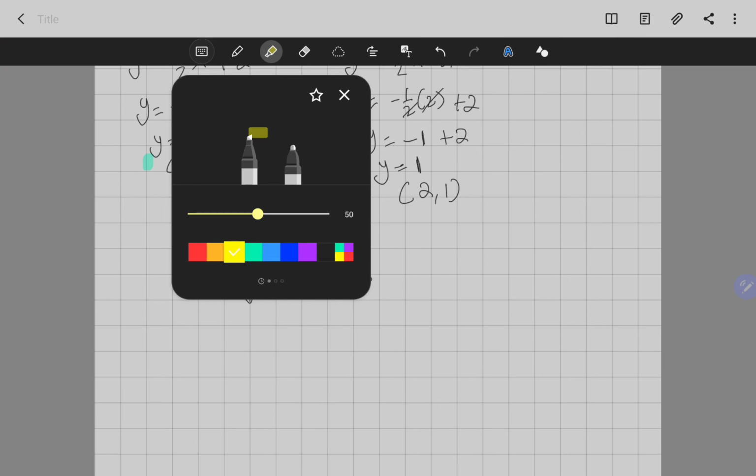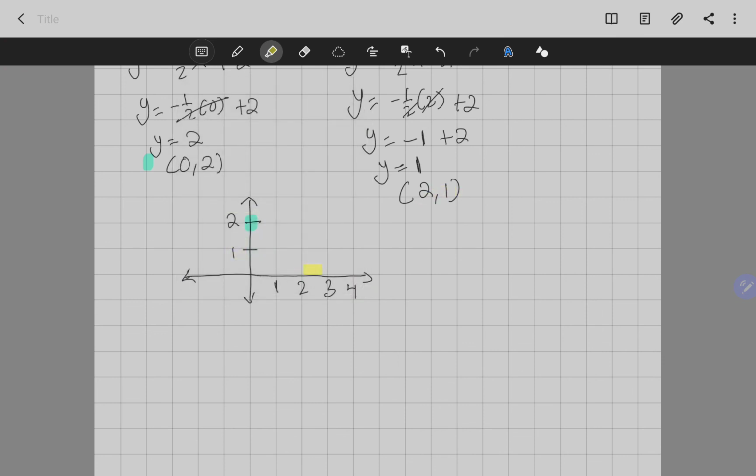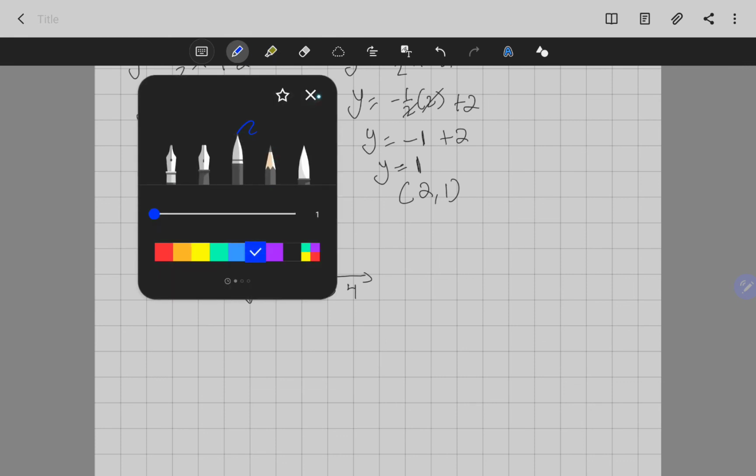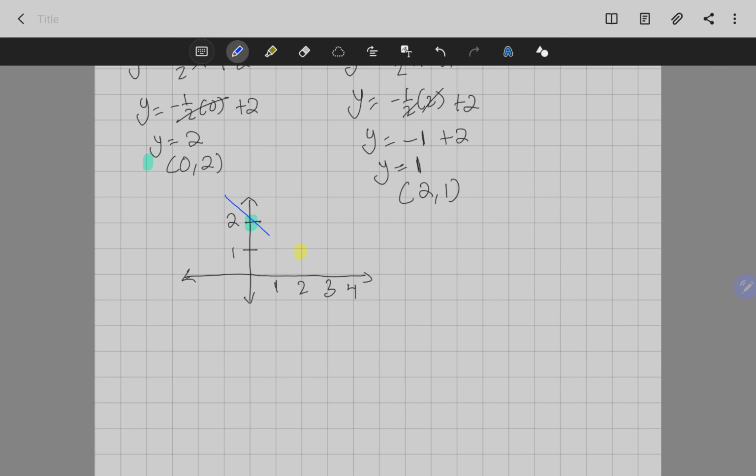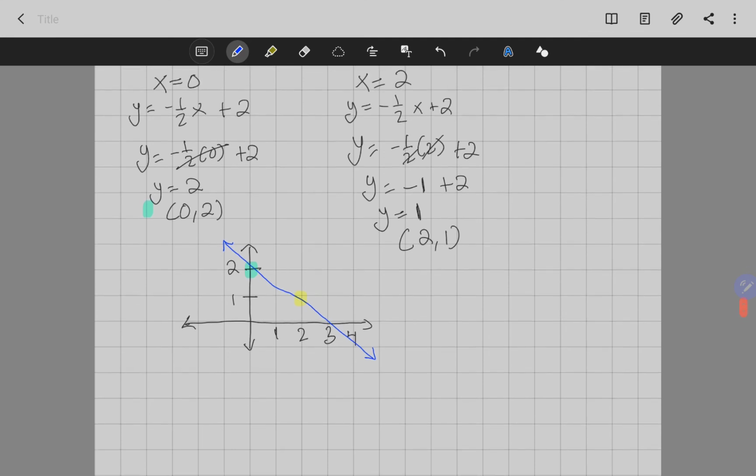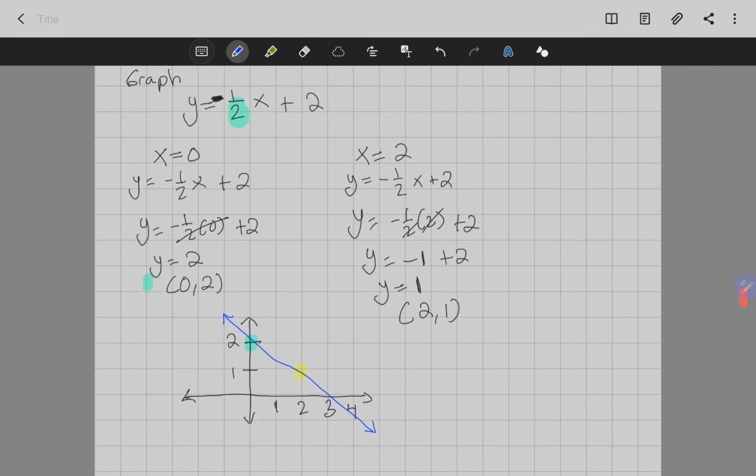The second one is 2, 1. Right there. And so now I can graph this. So my actual solution is just this right here. And there's my graph.